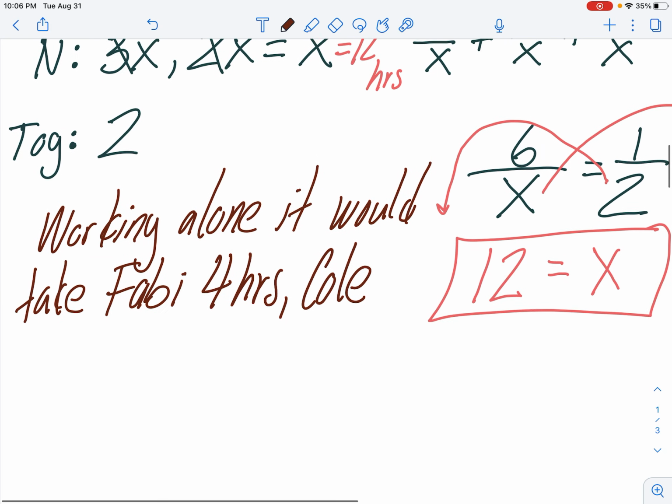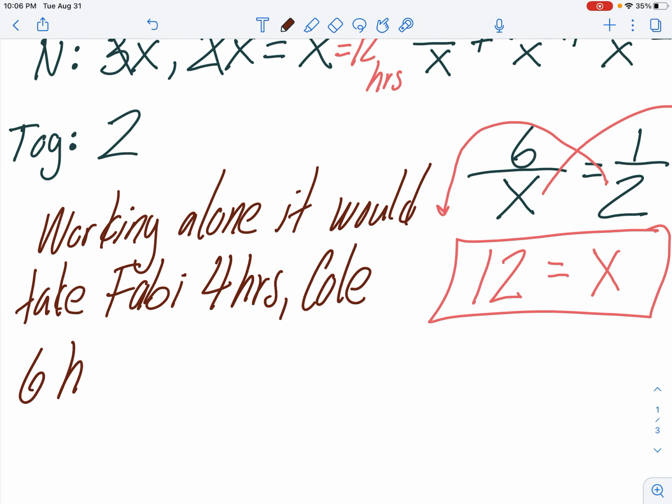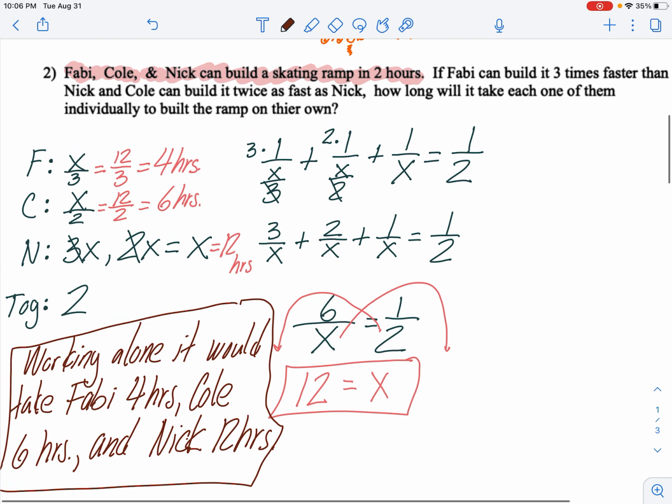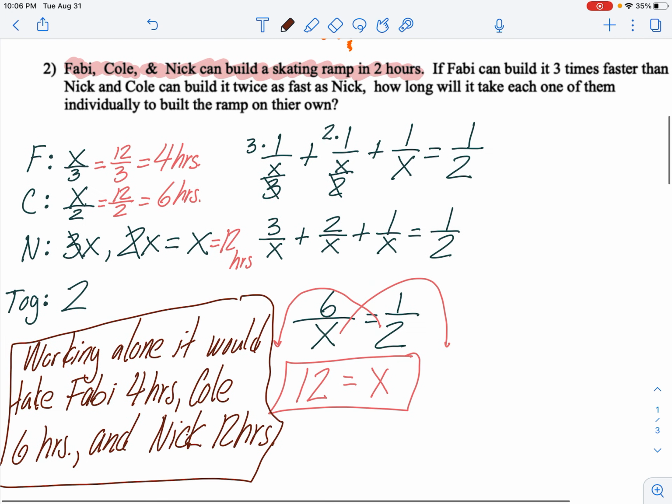Cole, 6 hours. And Nick, 12 hours. And that is our solution right there, kiddos. Look at that. And that's how we set them up.